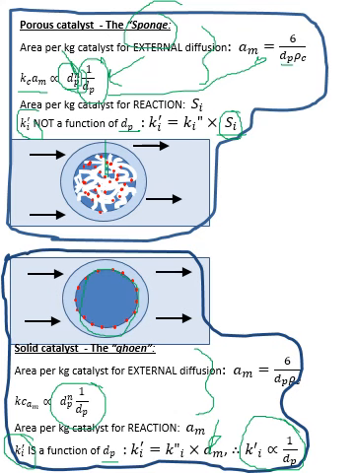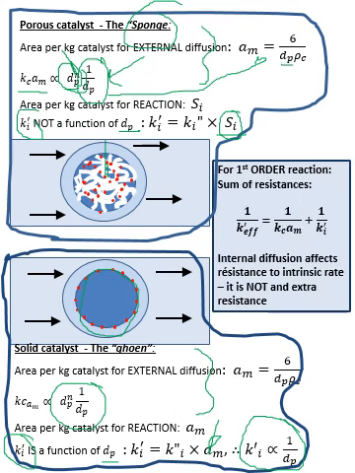So now back to that extra diffusional process that we have in a porous catalyst. So for our solid catalyst particles, for a first order reaction, remember this does not apply for higher order reactions, I can write my resistance to the reaction as the sum of resistances because they occur in series. First mass transfer, then reaction.